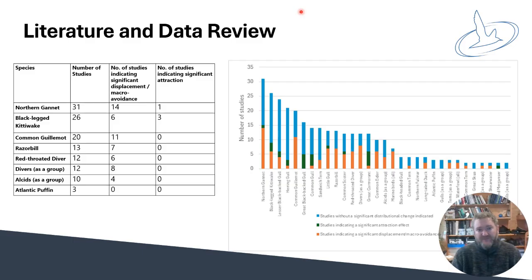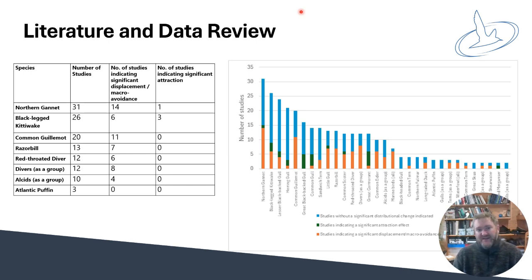So in the case of northern gannet, you've got 14 studies that show significant displacement and one study that shows significant attraction. That means there are 16 studies in here that don't show any significant displacement or attraction at all. Black-legged kittiwake is the species that has the widest disparity between the number of non-significant and significant studies.